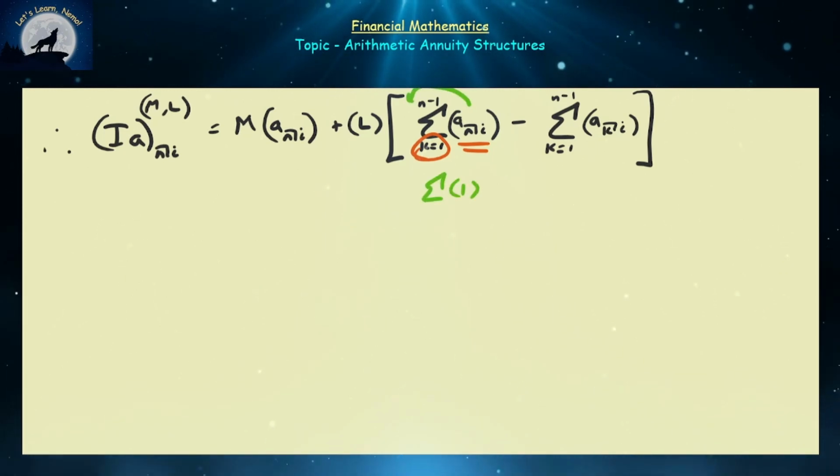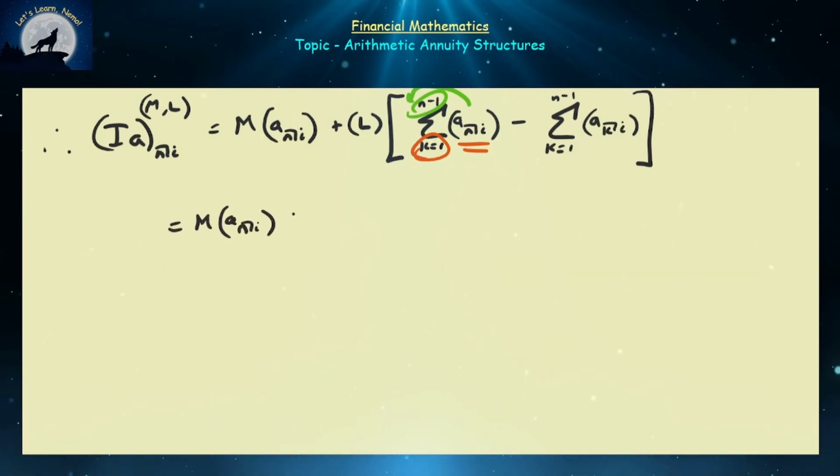So it's just 1 plus 1 plus 1 plus 1 plus 1, n minus 1 times, since that's the upper limit. If we do 1 plus 1 plus 1 plus 1 plus 1, 5 times, that's just going to be equal to 5. So 1 plus 1 and so on, n minus 1 times, is just going to be n minus 1. So that's what this expression turns into. So we're going to have m a_{n|i} plus L times a_{n|i} times n minus 1.